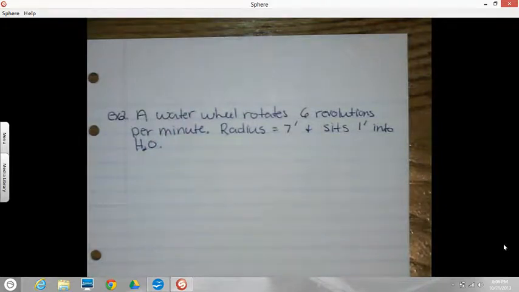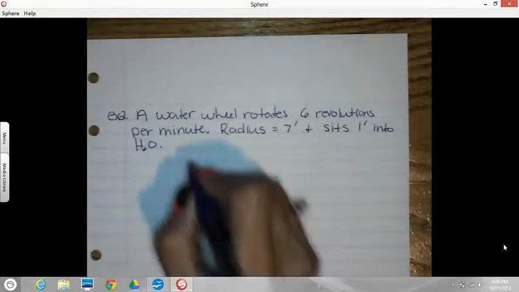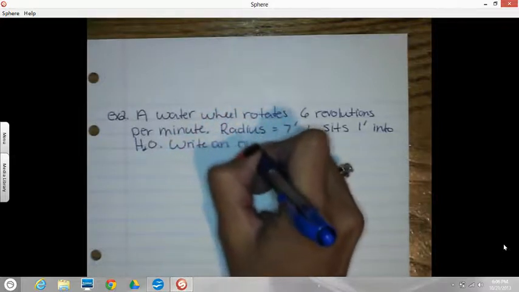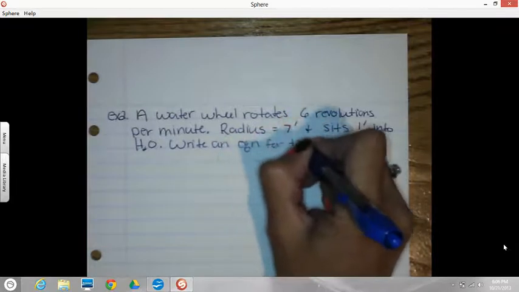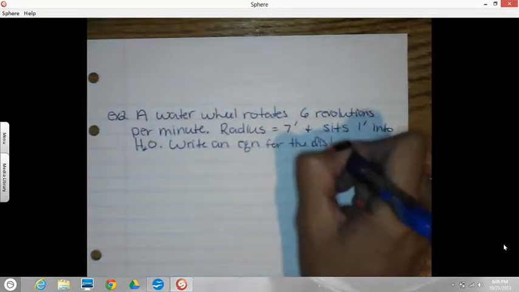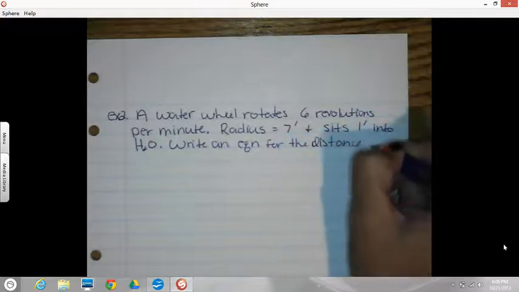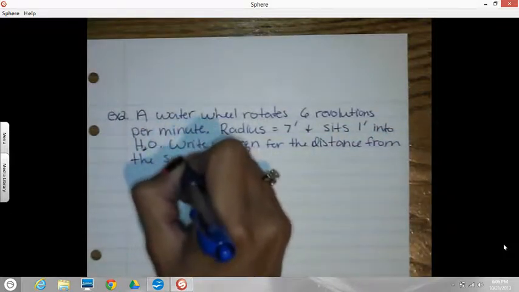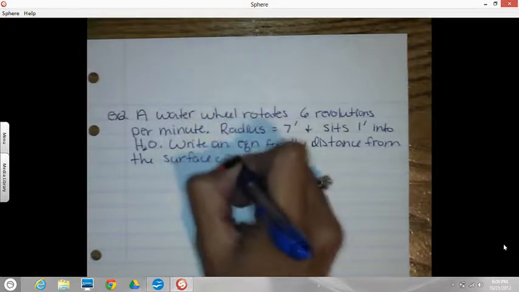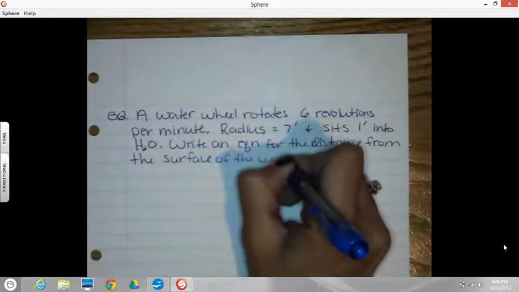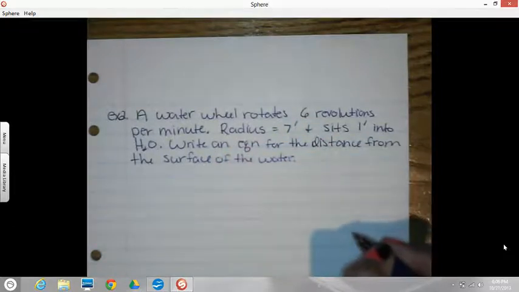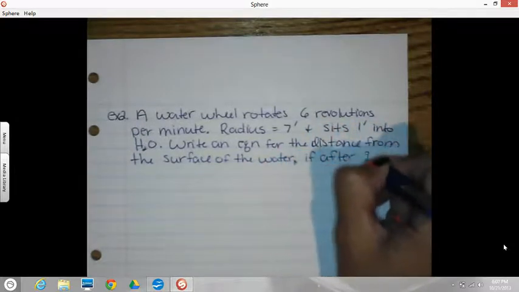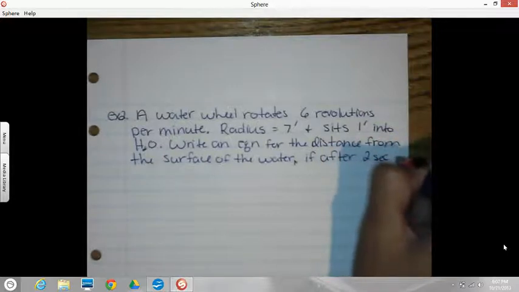Okay, write an equation for the distance from the surface of the water, if after 2 seconds the wheel is at the top.